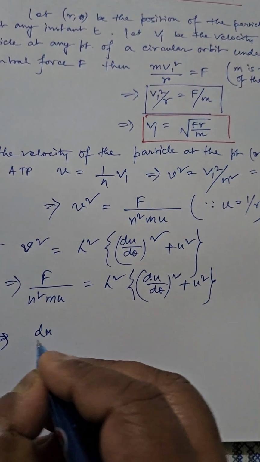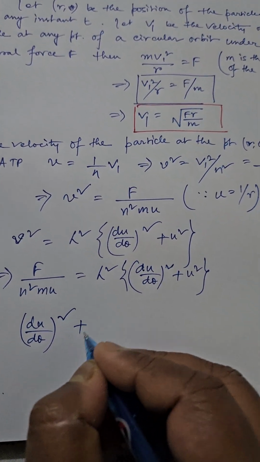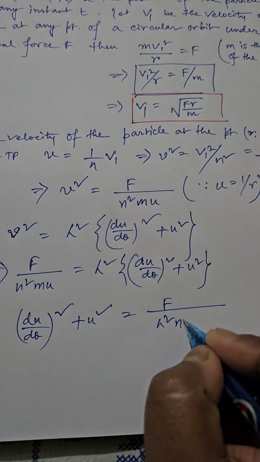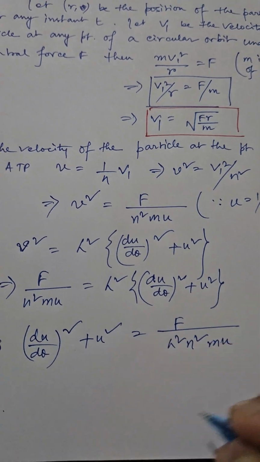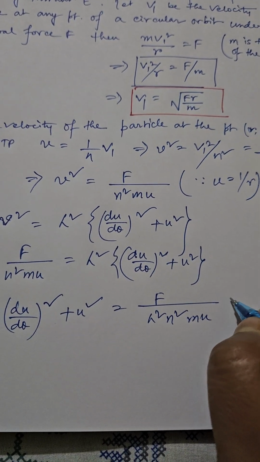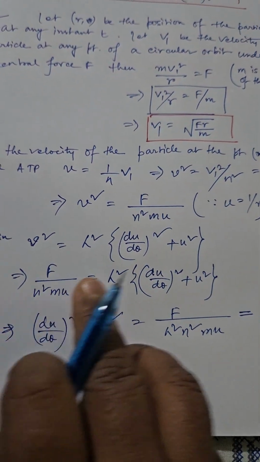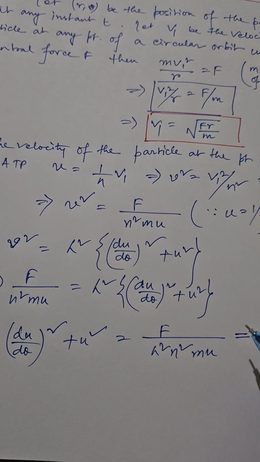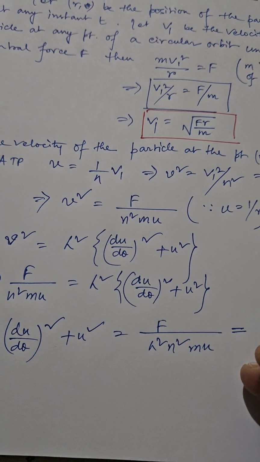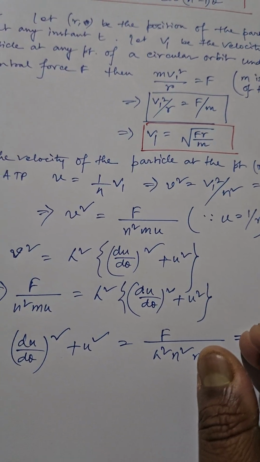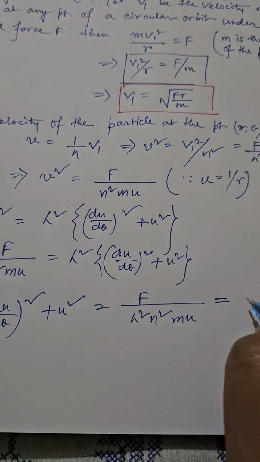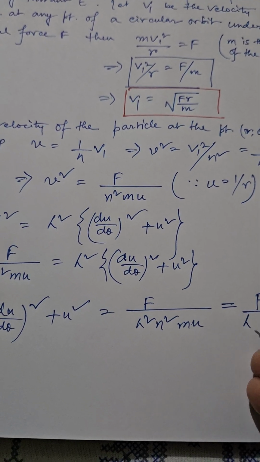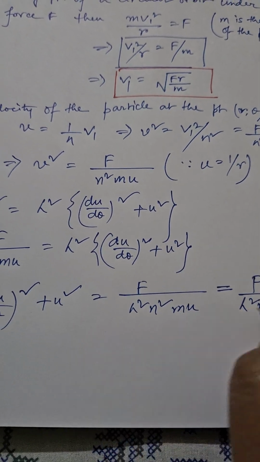So it simply implies du d theta whole square plus u square will be F by h square n square m u, and from here you can see that this entire structure F by m can be considered as a new quantity, so that you can imagine this is of the form P by h square n square u.